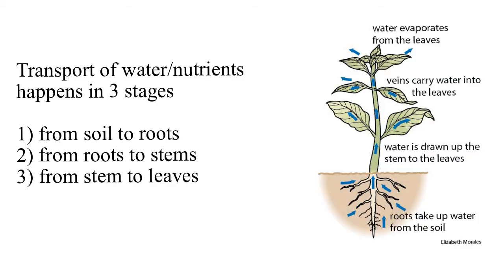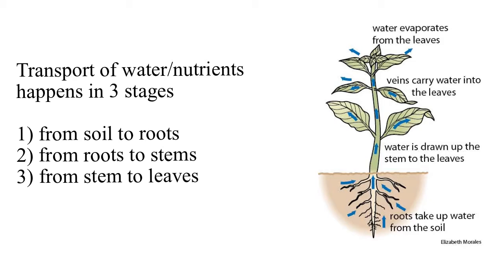So the first portion of transport that we're going to talk about is the transport of water. Now, I mentioned earlier, water is going to be transported in which tissue? Is it going to be the xylem or the phloem? If you need to, pause the video and figure it out. Now, hopefully, you were able to say that it's going to travel in the xylem.